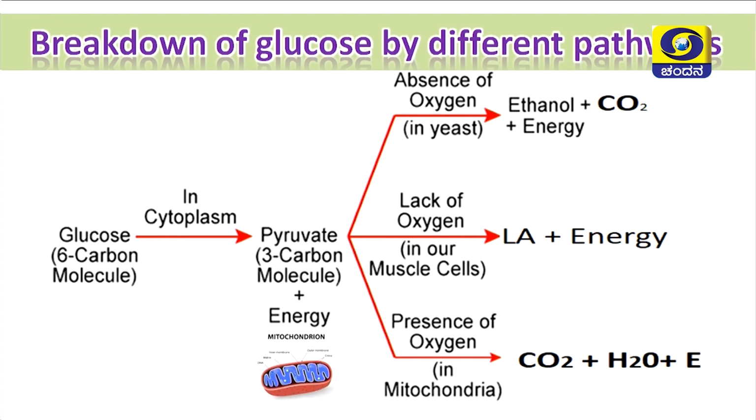And in mitochondria, in the presence of oxygen during aerobic respiration, this pyruvate molecule further breaks down to liberate a large amount of energy. Along with that, carbon dioxide and water are also produced as byproducts. In the absence of oxygen, especially in yeast, ethanol, carbon dioxide and a small amount of energy are produced.